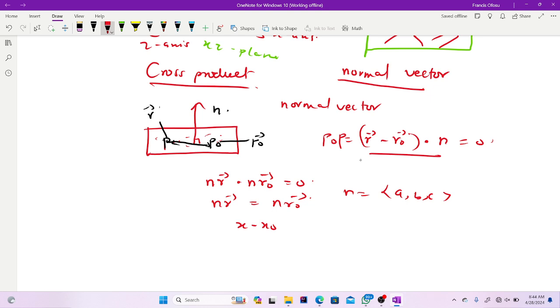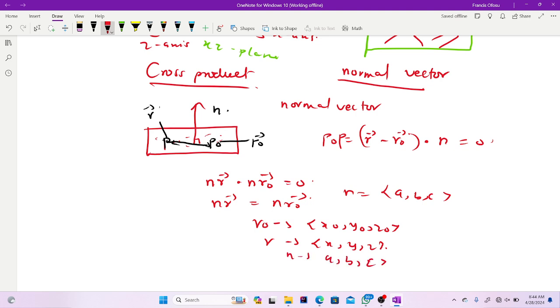My r naught was giving us the vector x naught, y naught, z naught. My r is giving us the vector x, y, z, right? And my n is giving us a, b, c, which is a vector.